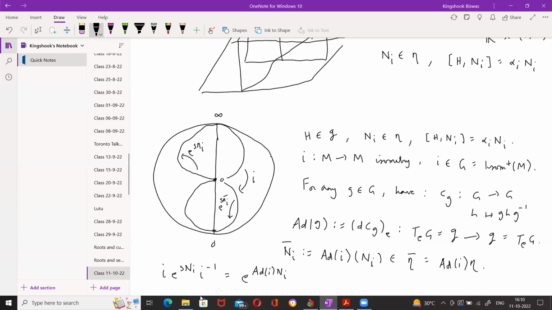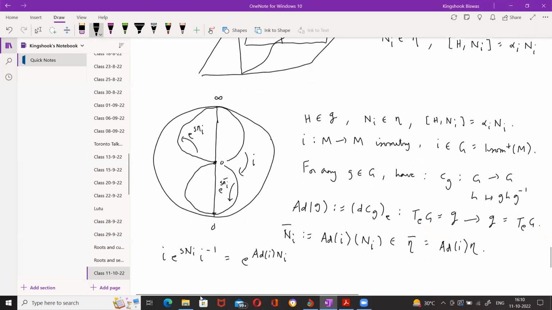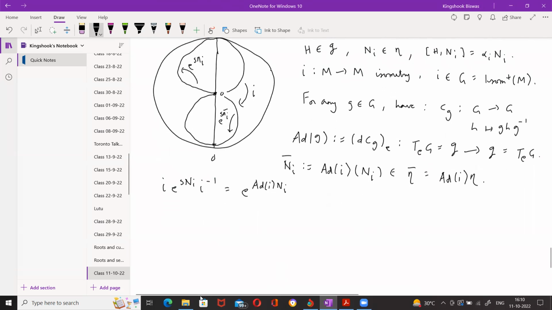Now the point is that if I look at R H direct sum R N_i direct sum R N_i bar, this is closed under Lie bracket. So this is a Lie subalgebra of g.